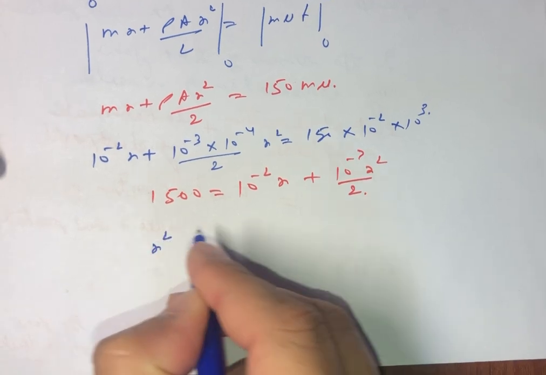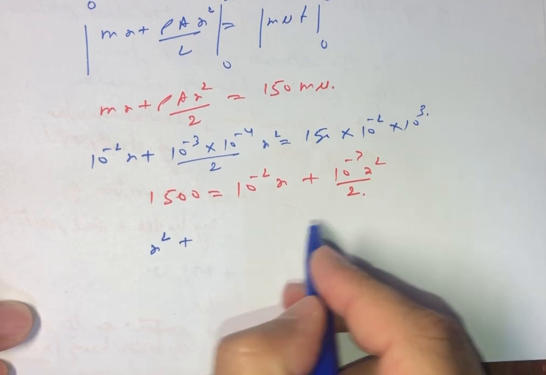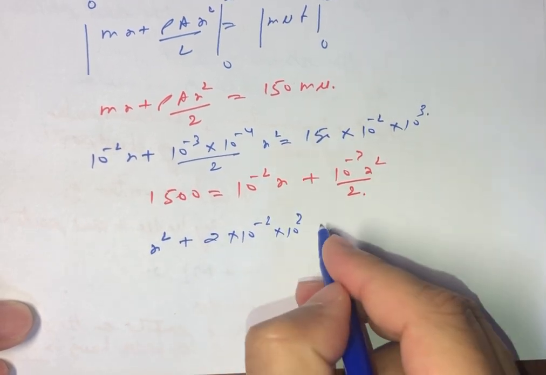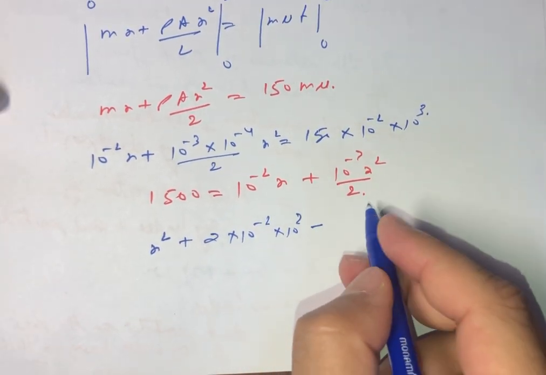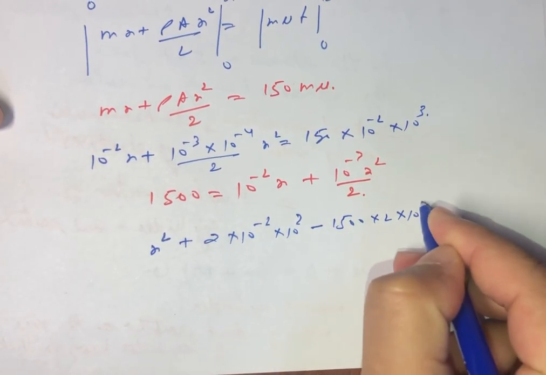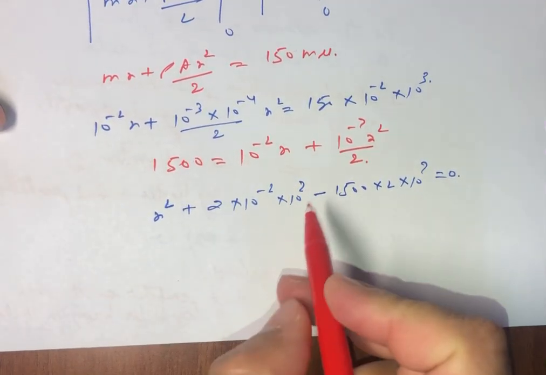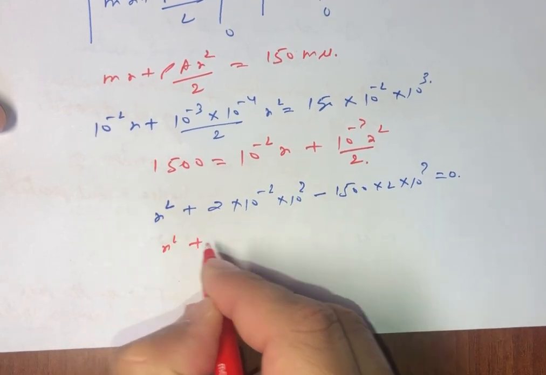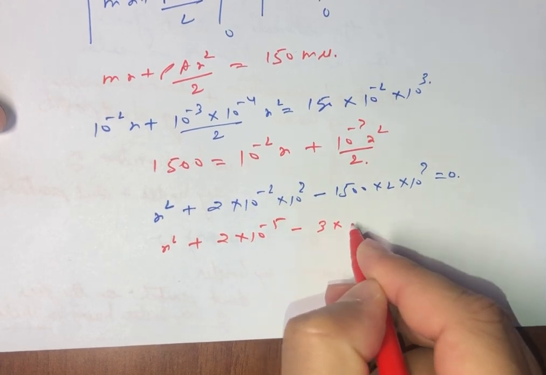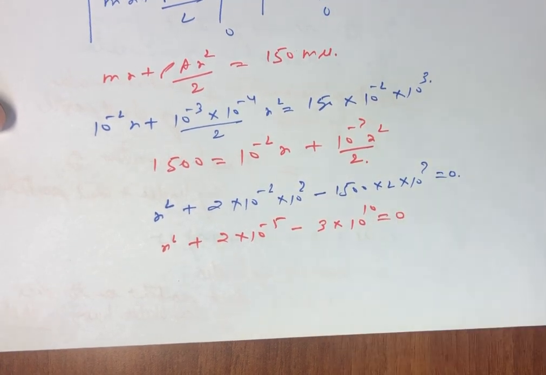We can say this will be x square plus 2 into 10 raised to the power minus 2 into 10 raised to the power 7, minus 1500 into 2 into 10 raised to the power 7 is equal to 0.